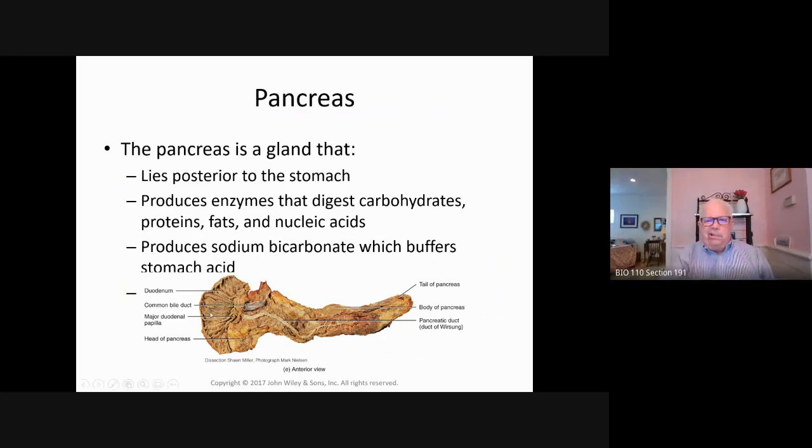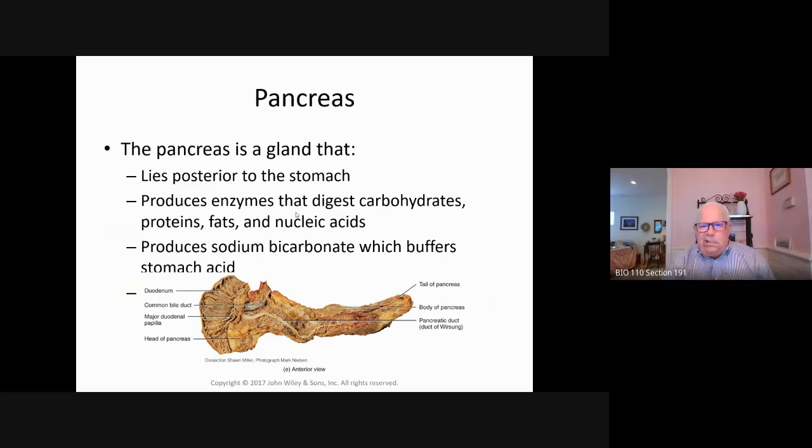It produces enzymes that digest starch, proteins, fats, and even nucleic acids. It is an accessory gland. It is attached by a duct to the duodenum.